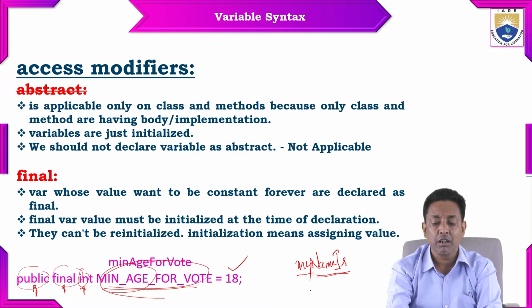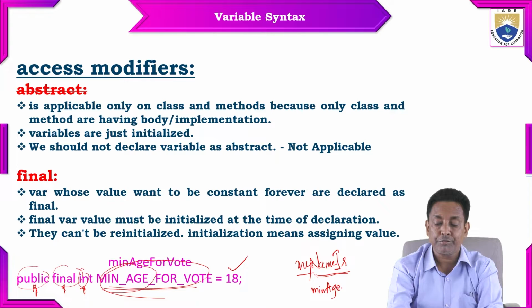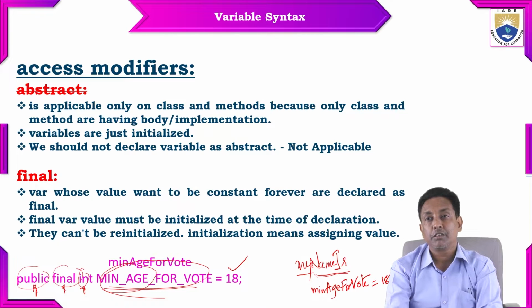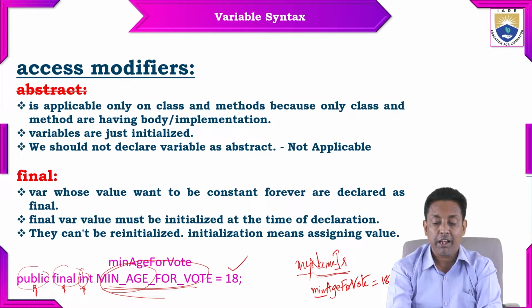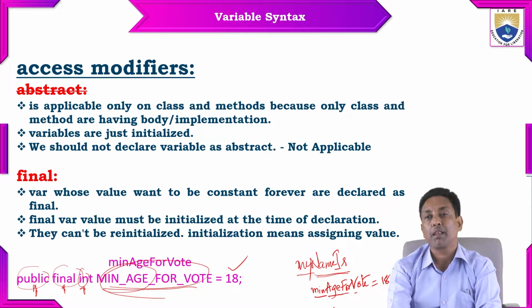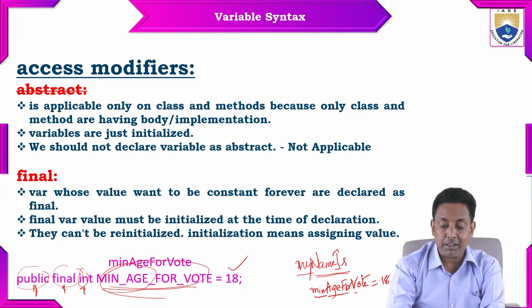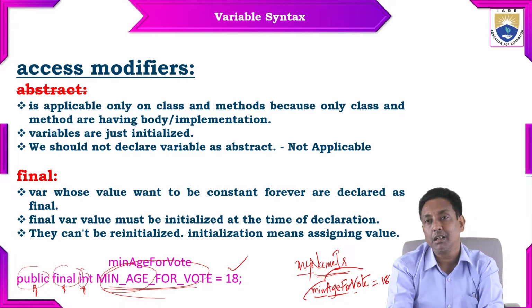Similarly, minAgeForVote. You need to declare a variable like this. So min is in small letters, and A, F, V are capital letters. So this is called the camel case convention.